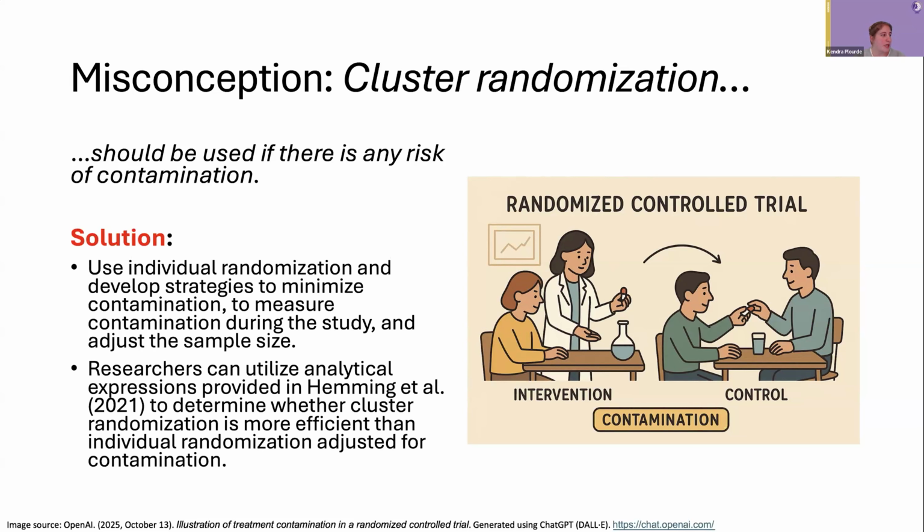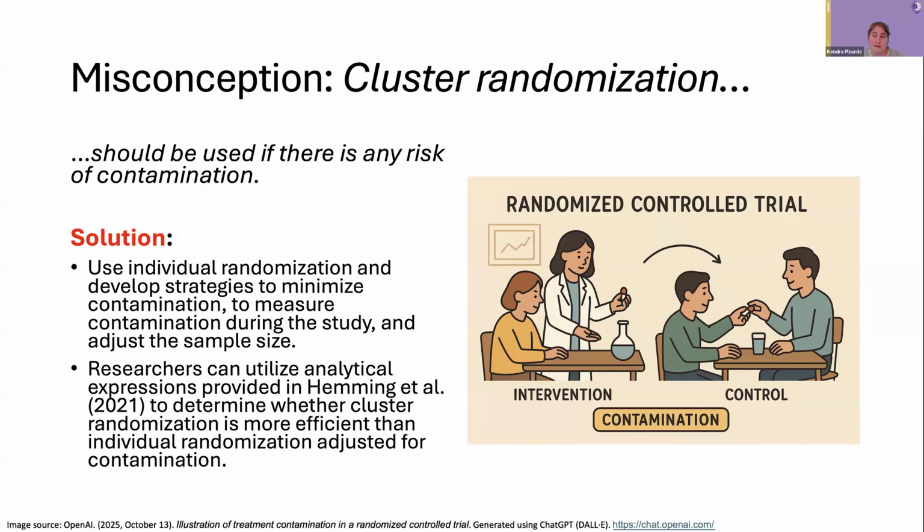In general, we suggest to stick with individual randomization and develop strategies to minimize contamination, to measure contamination during the study, and then to adjust your sample size. And so this usually means, of course, powering for a smaller effect size. So an increase in your sample size.